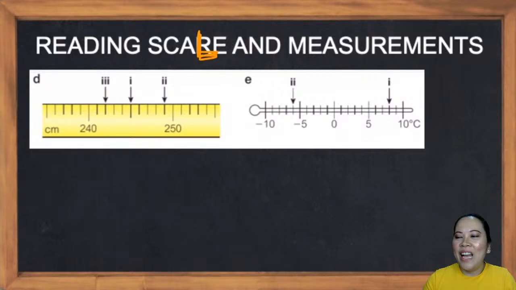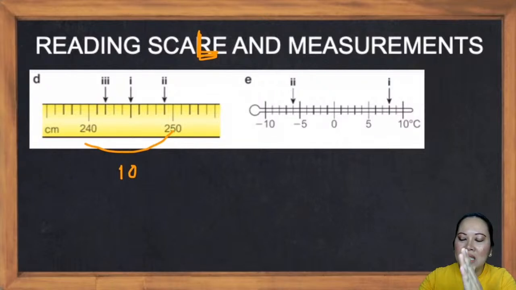Reading scale and measurements. Okay, so the difference from 240 to 250 is by 10, right? So from 240 to 250 is 10. So then you divide 10 by the number of lines in the middle, or the scale.